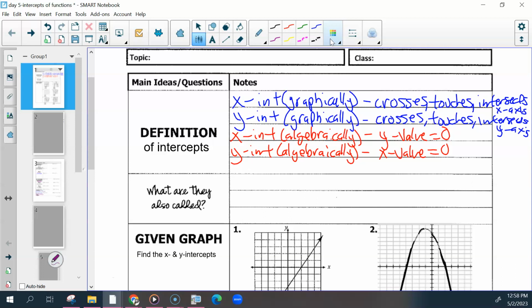X-intercepts have different names. We've talked about them before. Anyone remember those different names? X-intercepts have different names, 3 other names. Anyone remember what they're called?